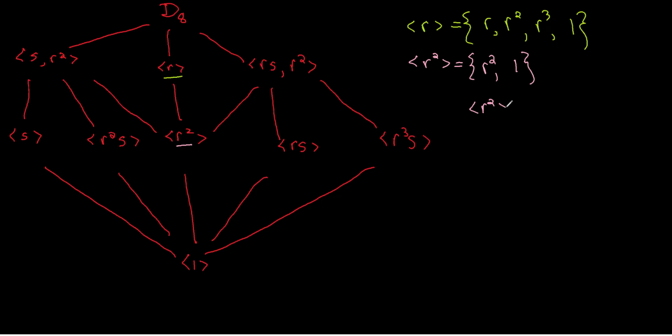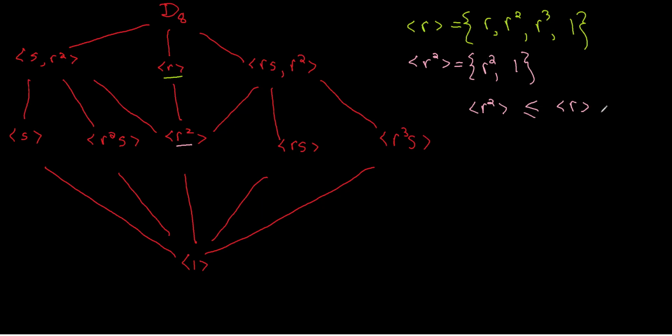Notice that the subset of elements we get when we generate with R squared is a subset, a subgroup in fact, of the subgroup generated by R. And I can see that relationship really nicely when I write out all the elements.